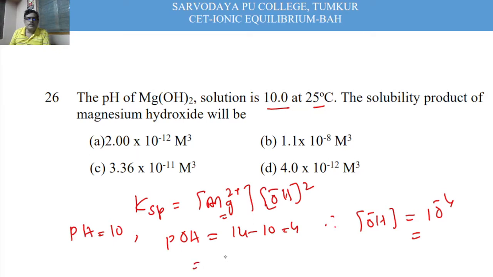Now substitute here. So that is nothing but S. Therefore 4S cube is the value of Ksp, that will be 4 into 10 to the power of minus 4.